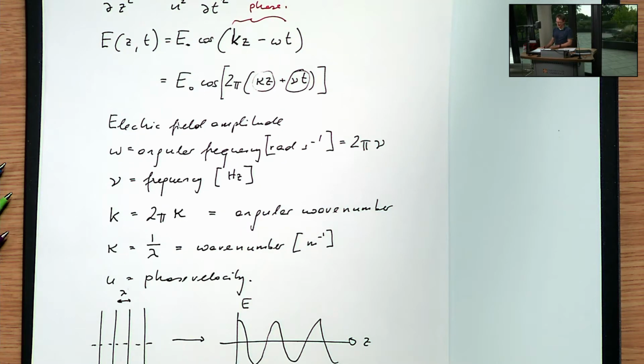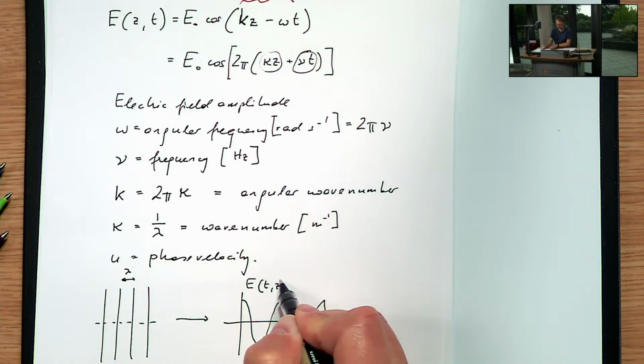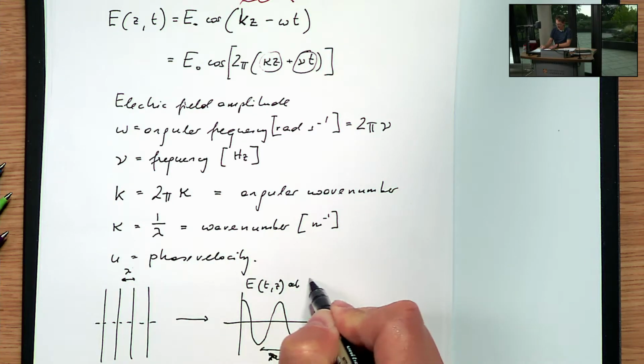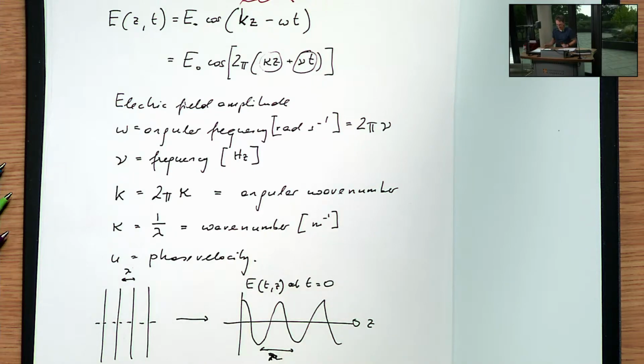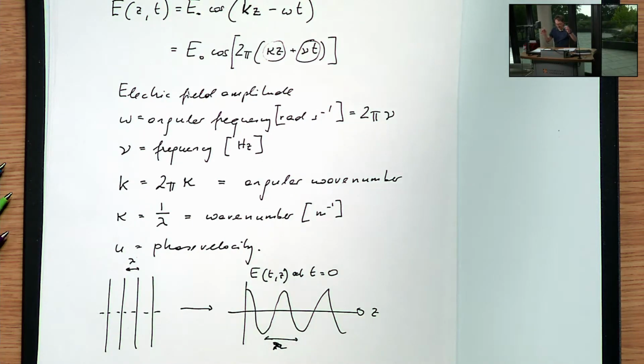And so you can equally look in time. So this would be E of t, z at t equals 0, for example. So this is taking, at a particular time point, what is the electric field distribution in space? It will have this sinusoidal modulation. And then similarly, I can look in time.